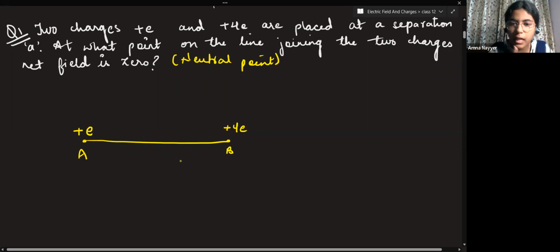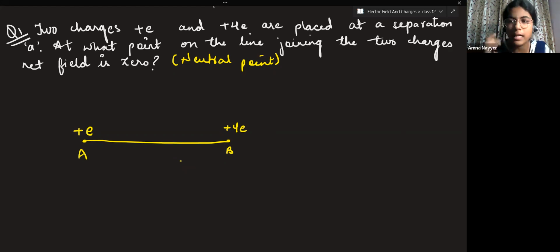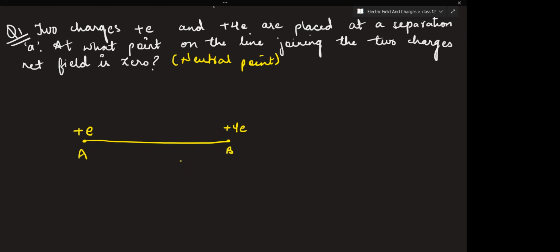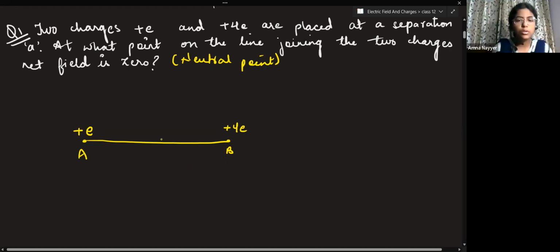First, just understand that the neutral point always lies close to the charge that is smaller, that has the lesser magnitude. So out of A and B, which point should the neutral point lie close to? A point, definitely. So let's say the neutral point is somewhere over here.